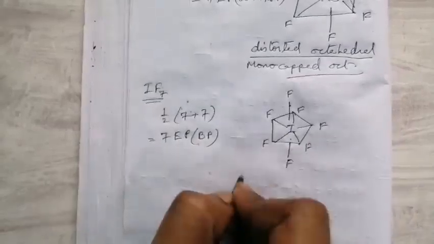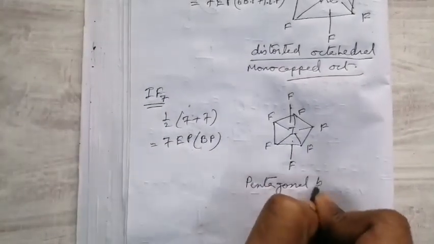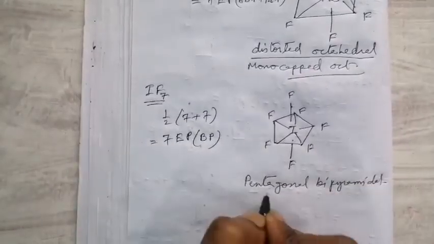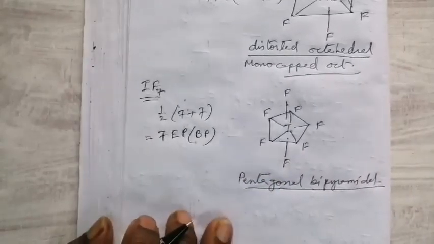So it is pentagonal bipyramidal. So this was our last molecule.